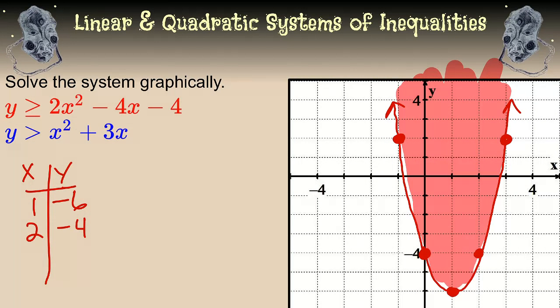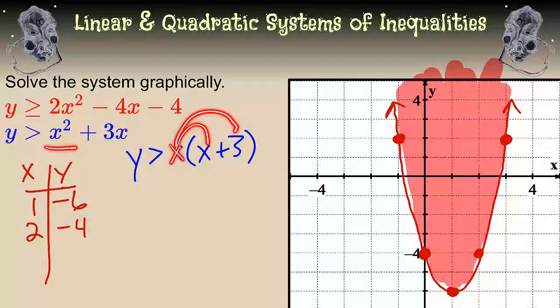Now for the blue graph, well, check this out. I could rewrite this as x times the quantity x plus 3, right? Factoring out the x here, because x times x is x squared, and x times 3 is 3x. Well, this tells me that I have 2 x-intercepts.